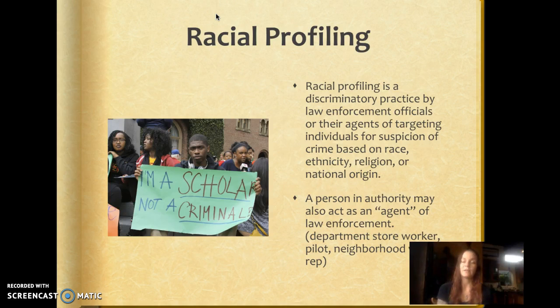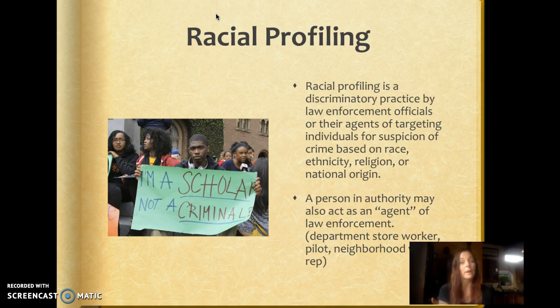So racial profiling is a discriminatory practice. It is typically done by law enforcement officials or their agents. By agents, I mean anyone who has authority to call the police or to bring action against someone, like in the case of Trayvon Martin, when George Zimmerman acted as a neighborhood watch person.